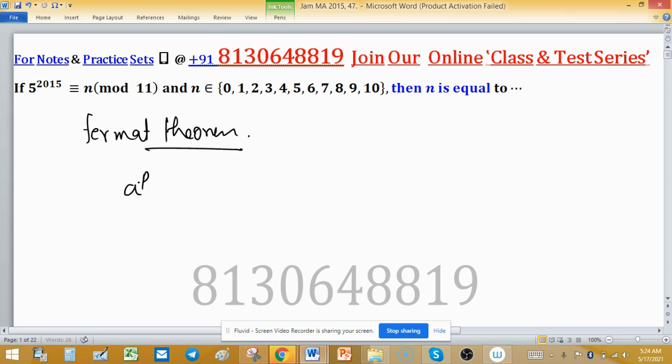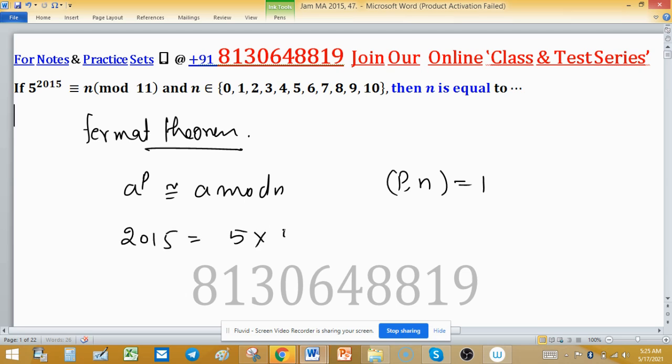That says a raised to the power p is congruent to a mod n, and the condition is that the GCD of p and n should be 1. So 2015 can be written as 5 into 403.